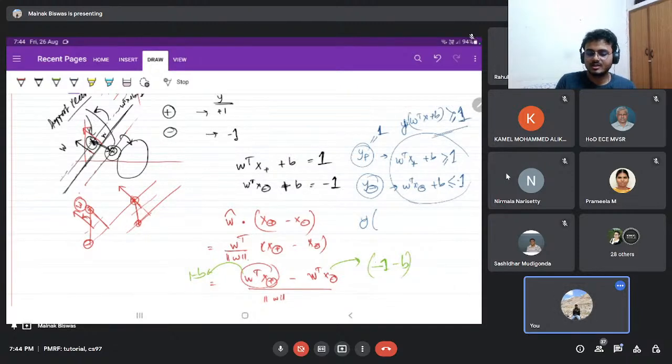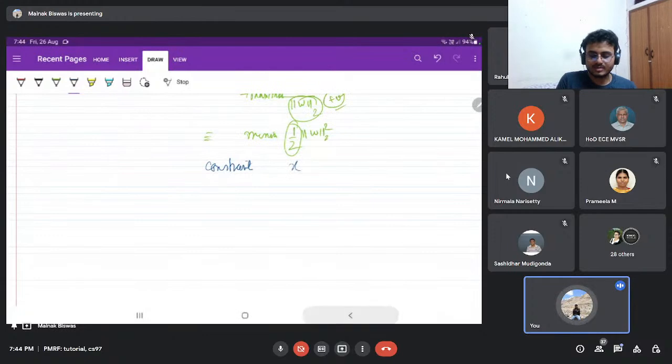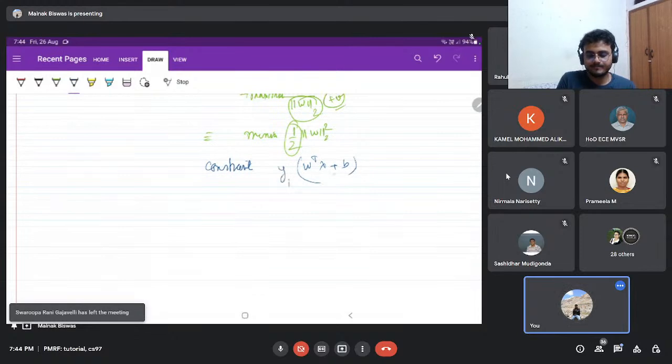If you multiply by y, which is plus 1 or minus 1, on both sides, then for the negative example you multiply by minus 1 and get w transpose x plus b, times minus 1, greater than or equal to 1, and this can be written with y minus. Is this okay? We have been able to integrate both positive and negative examples. This is the beauty of taking positive and negative separately.